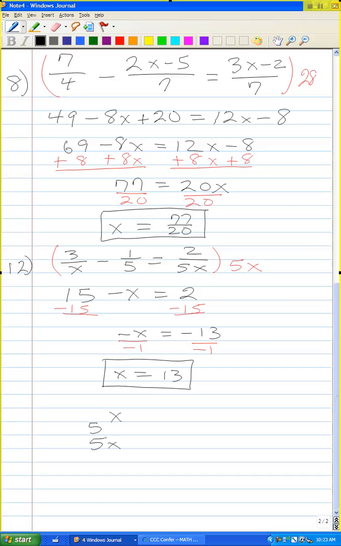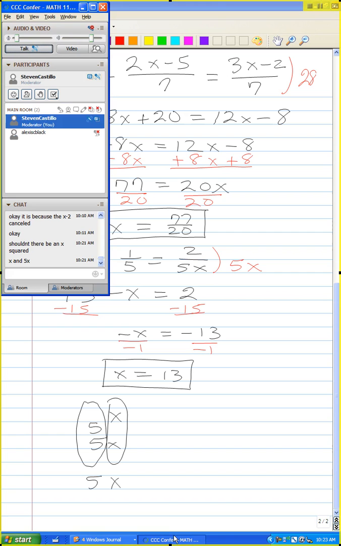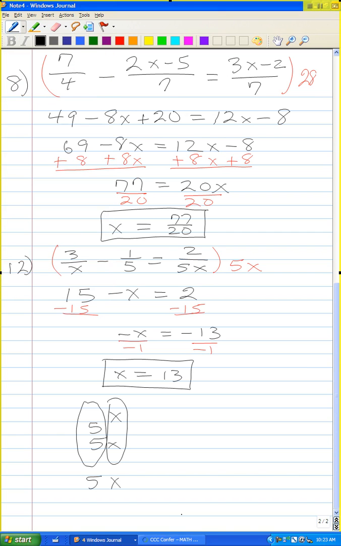And so to find the least common denominator, you'd say, well, what's the lowest power in this list of 5s? Well, 5. In this list of x's, x. And so the least common denominator in this case is 5x. Is that clear? Yeah. Okay.